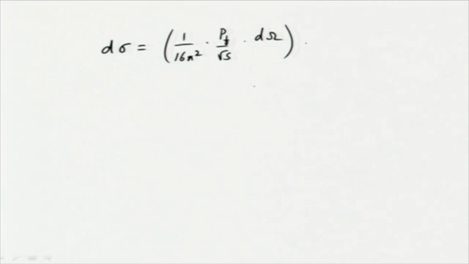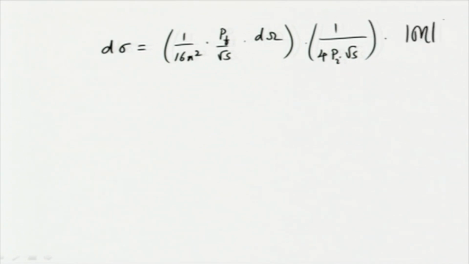Putting these things together, we have d sigma equal to 1 over 16 pi squared p_f over root s d omega, which is what dQ is, and you have 1 over 4 pi root s as the 1 over F factor, and you have the square of the invariant amplitude.